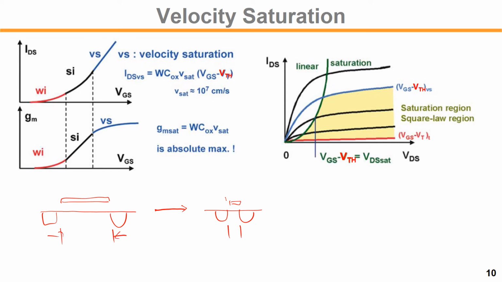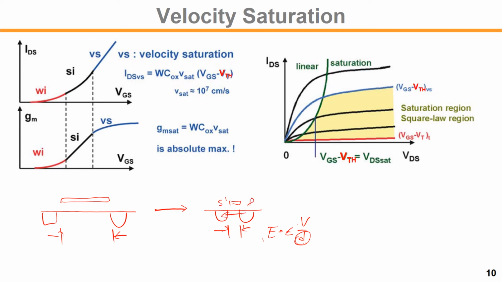The E field is epsilon equals V over D, so as the distance gets smaller and smaller, the E field gets stronger toward the drain.